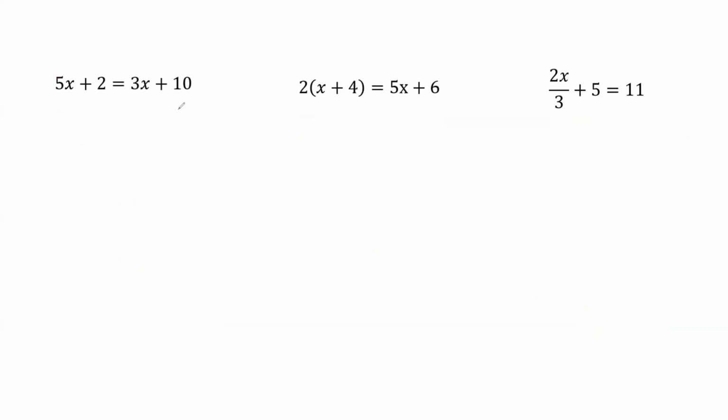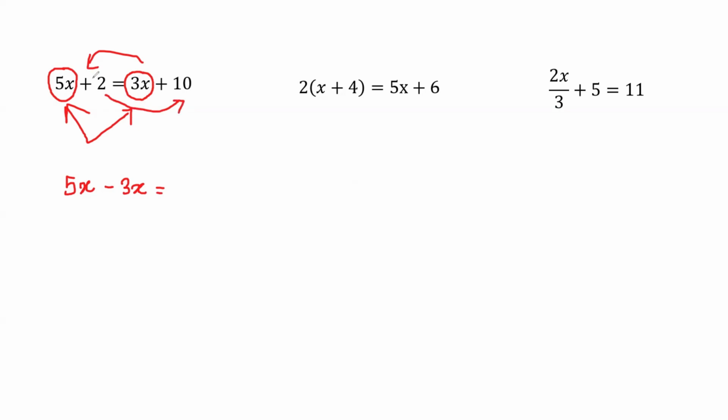Let's see here, we will have to do the multi-step, right? There are some steps involved. Here 5x is there and 3x is there, so we have to take these two to one side. 5x is there, take this one here, so it gets minus 3x, and send the 2 this way.